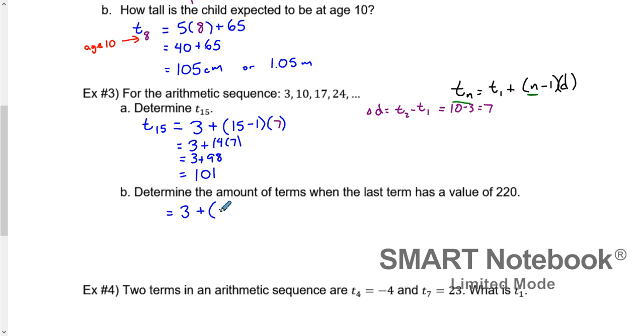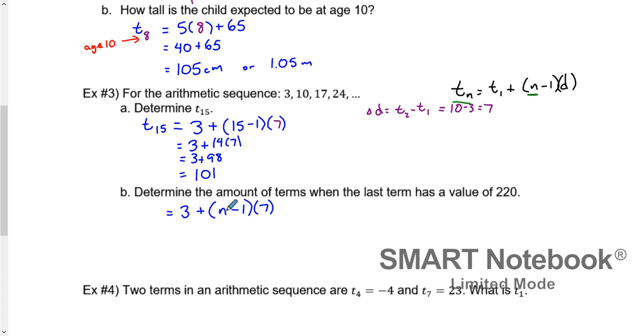We are trying to find out the amount of terms, so we're trying to find out what is n. We know that our difference in this case is 7. But we don't know what Tn is. Well, overall, we actually do. Because we're trying to find out what is n when that last term is 220.